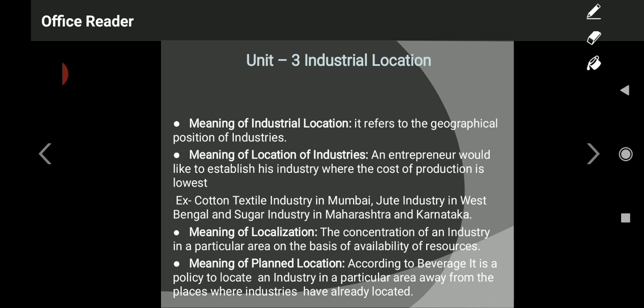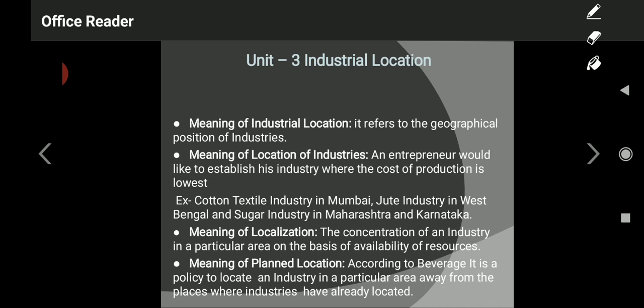You know why? In that state, you are getting plenty of resources at the lowest cost. The plenty of related resources for production of jute you are getting at the lowest cost if you start a jute industry in, for example, West Bengal.